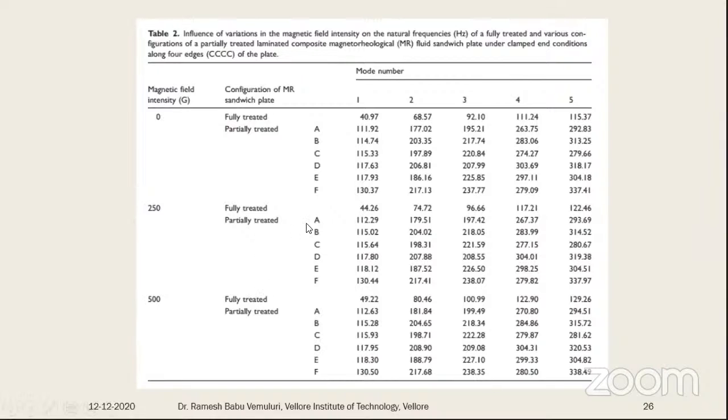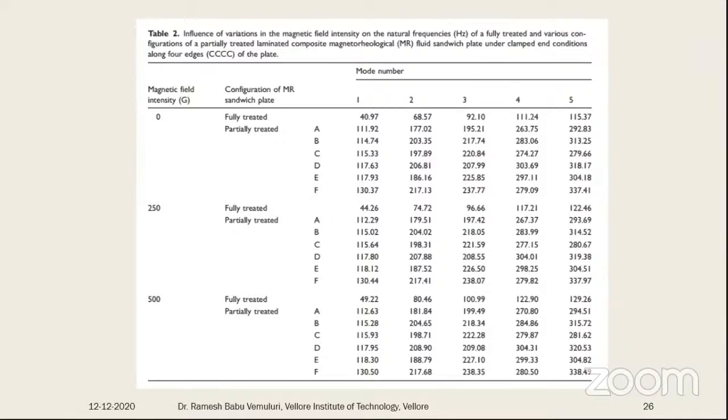So that's why we split these, where there is more need of this particular rheological fluid or rheological elastomer. There we keep the elastomer or the fluid. Then the treatment is called the partial treatment.